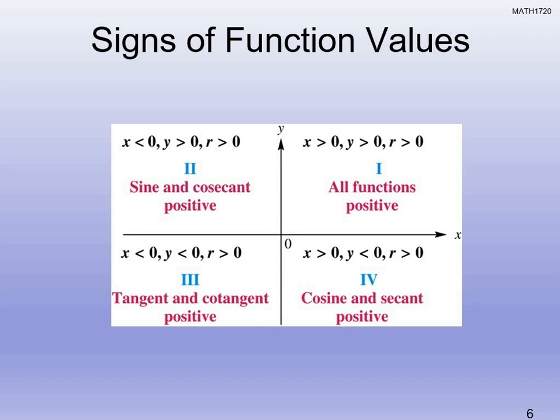The best way I ever remembered this was: all students take calculus. All students take calculus. Write that down. All applies to the first quadrant where all the trig functions are positive. The second one is students. Students goes with sine, so sine is positive. Then the next one is take.